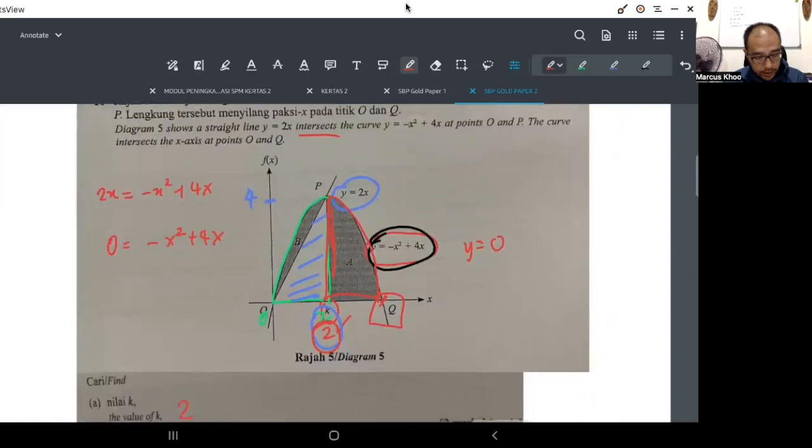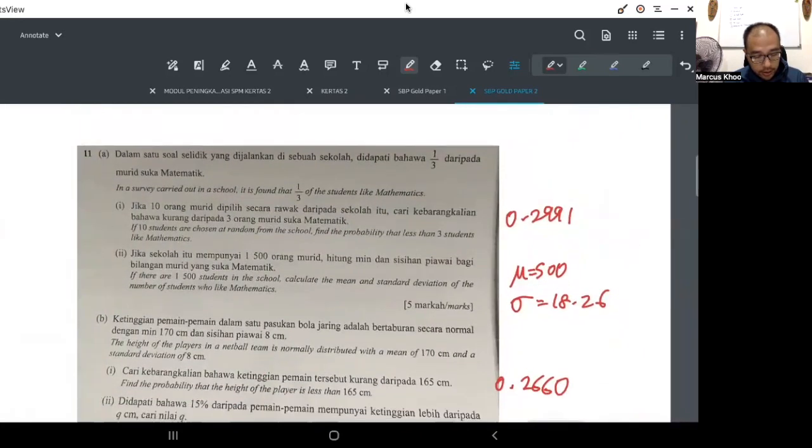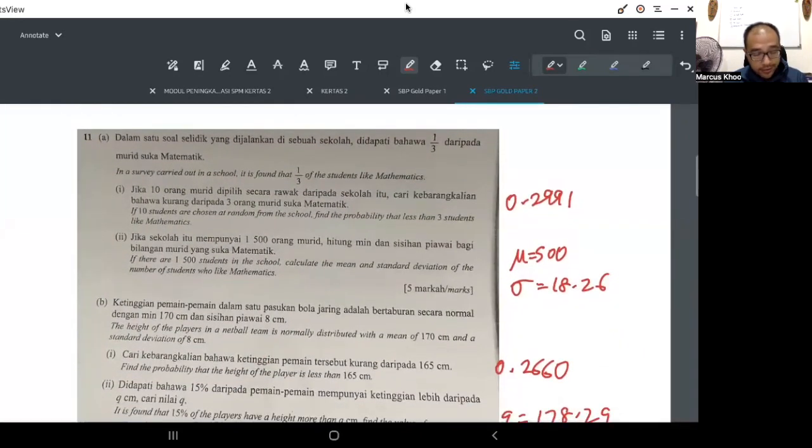Okay, let's see. Next one. This has to be the probability distributions question. In a survey carried out in the school, it is found that 1/3 of the students like mathematics. This is very sad. There should be more students that like mathematics, not just 1/3 of the students. So sad. So we assume this is our p.